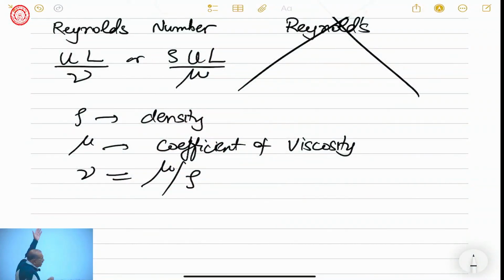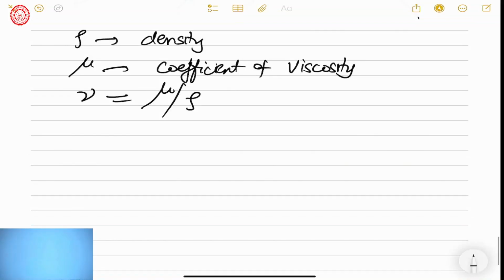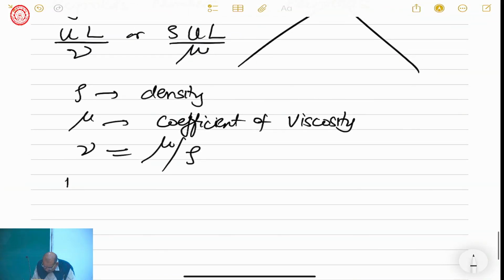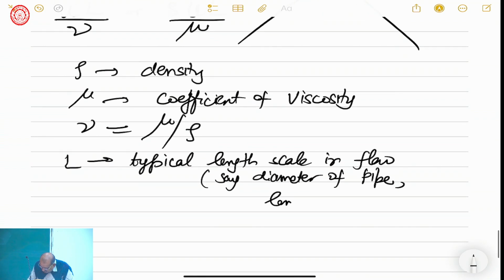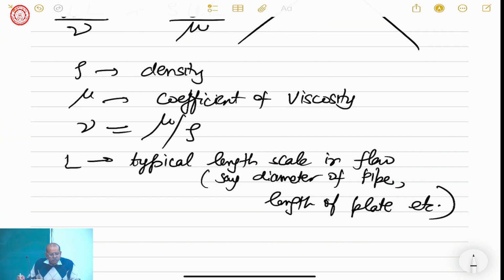So it is this Reynolds number, not just the velocity. So you can make the flow turbulent not just by increasing the velocity. L is a typical length scale in the flow, depending on the type of flow.